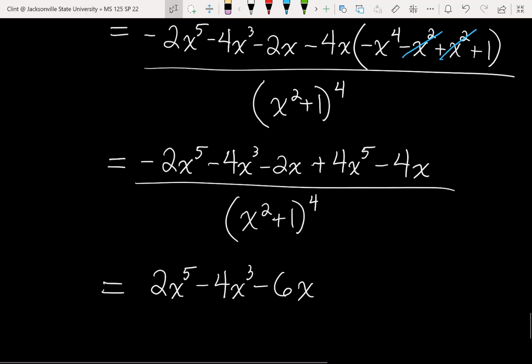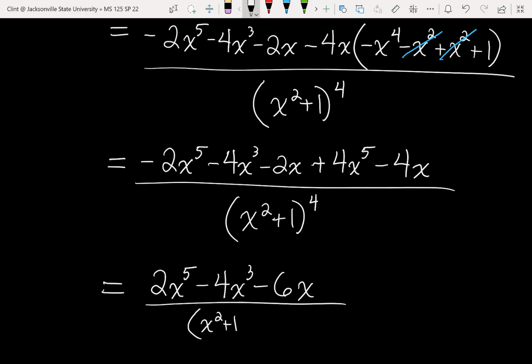Anybody catch anything? Is that looking okay? Over that same denominator, x squared plus 1 to the 4th.